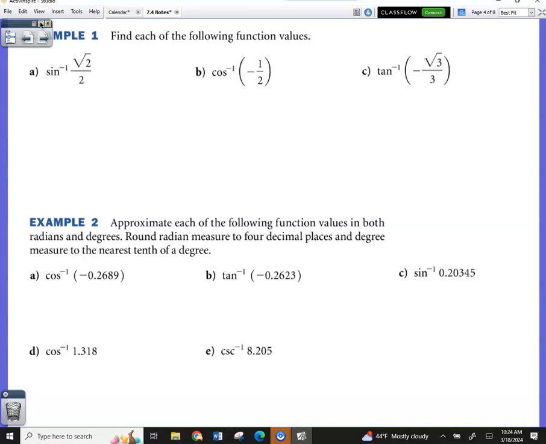Now we already know the answer, and we're going to work backwards to get what the radian was. This is saying the y-coordinate of some angle is root 2 over 2. Look at your unit circle. How many root 2 over 2 y values are there?